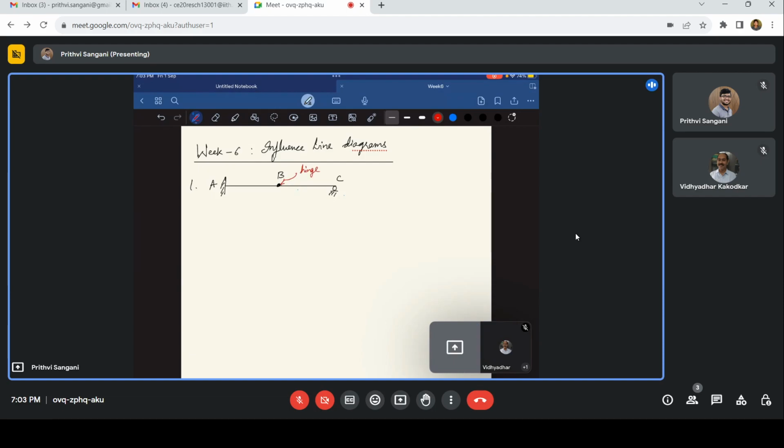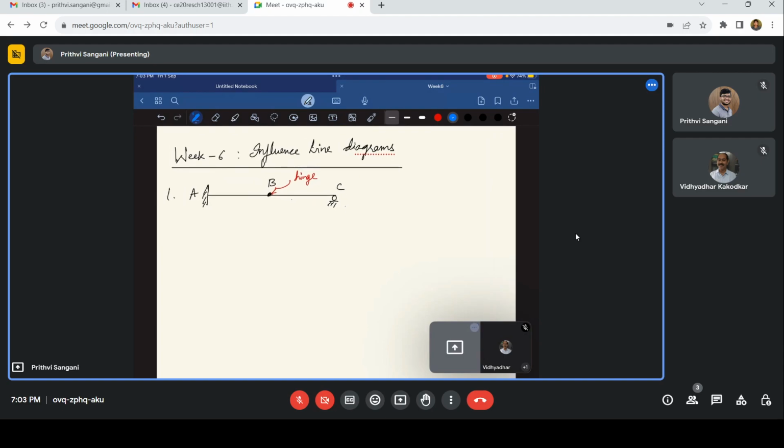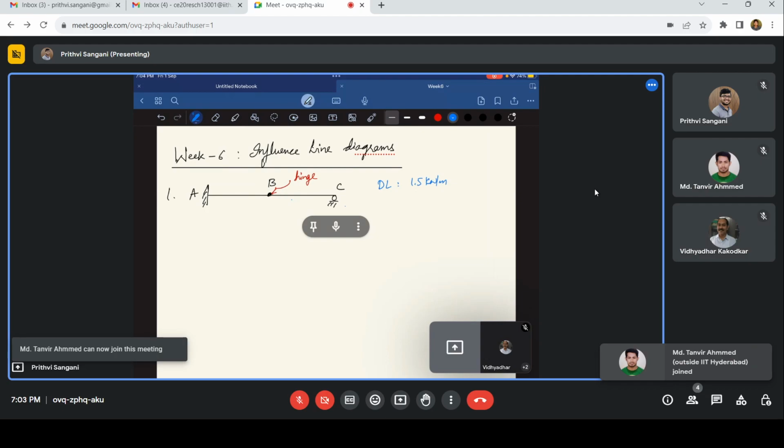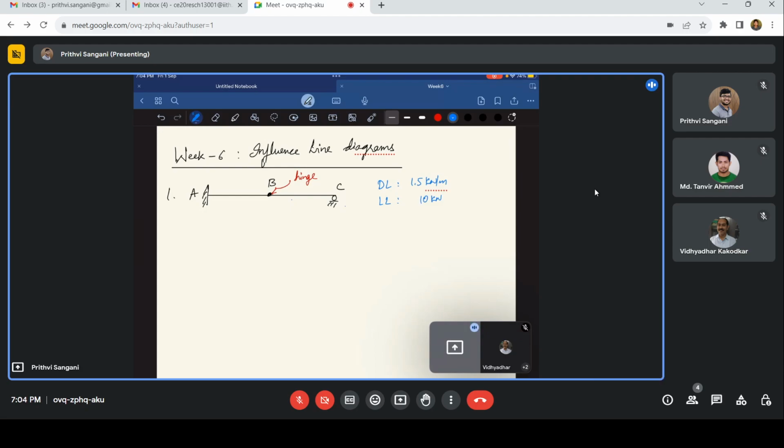All right, the question is something like this: the dead load of the beam is about 1.5 kilonewtons per meter, and the live load is about 10 kilonewtons. This is a point load which is moving.